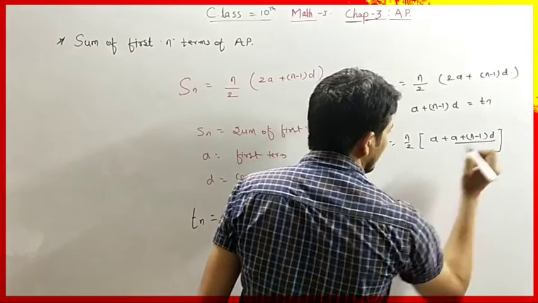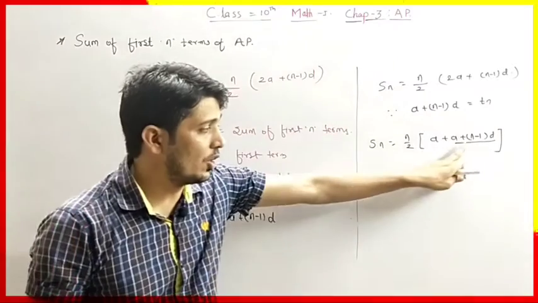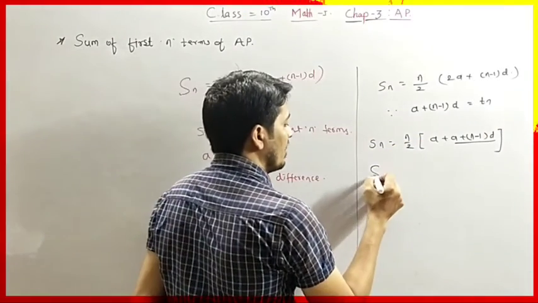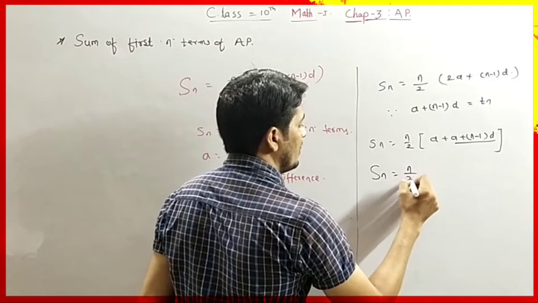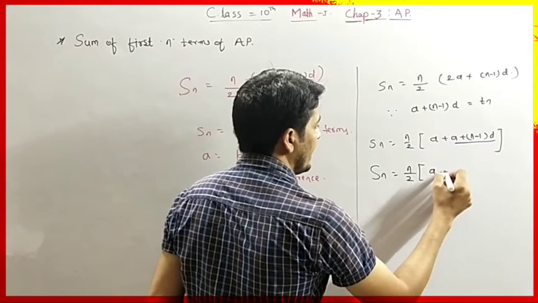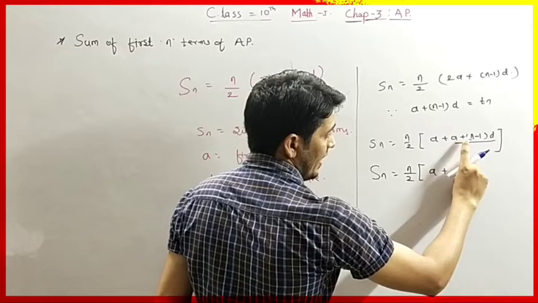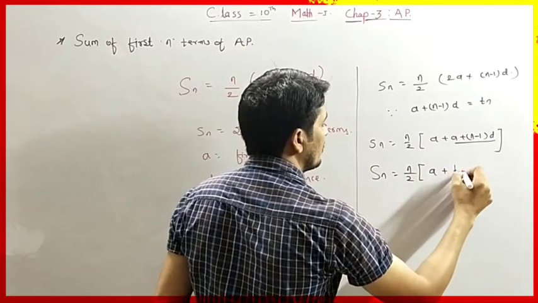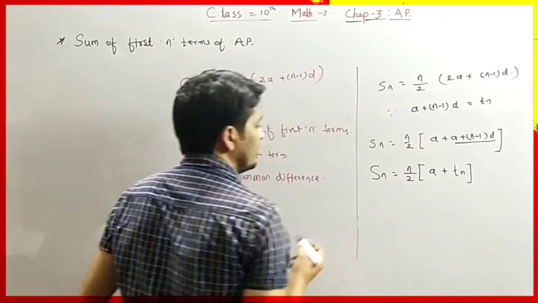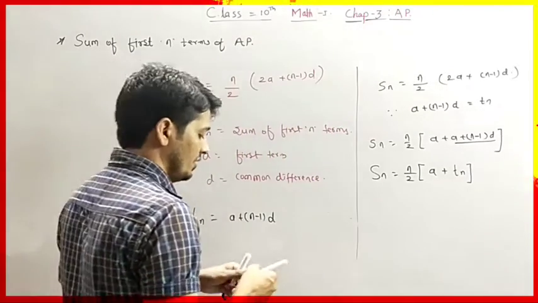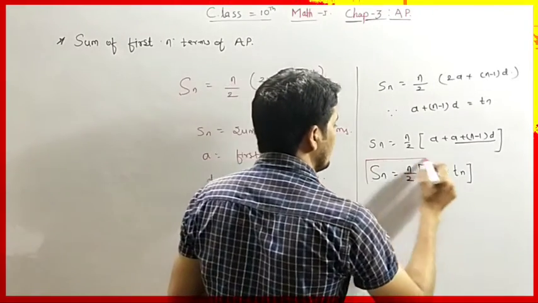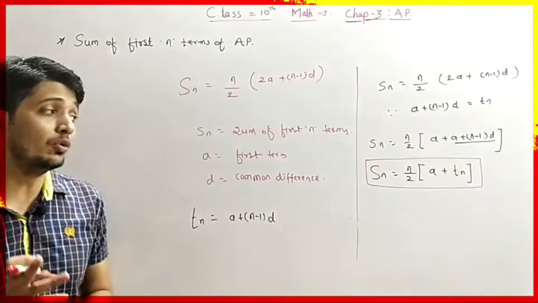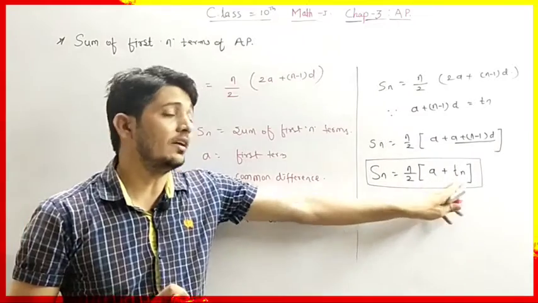Instead of a plus n minus 1 into d we can write Tn. This is one more formula for calculating the sum of first n terms. For that we have to know the first term and the last term.